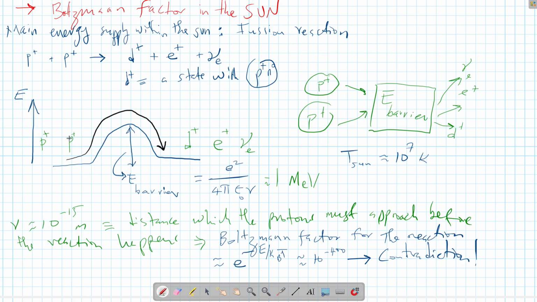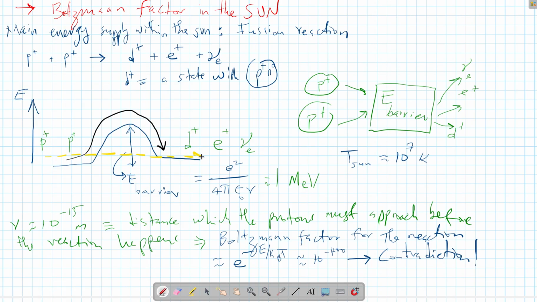There is something called quantum tunneling. Quantum tunneling is kind of a brute force way, let me pick my pen again, of going through this barrier.